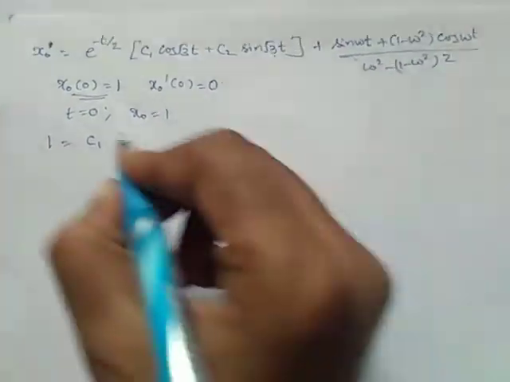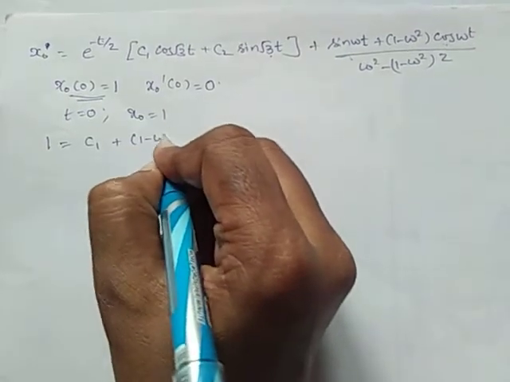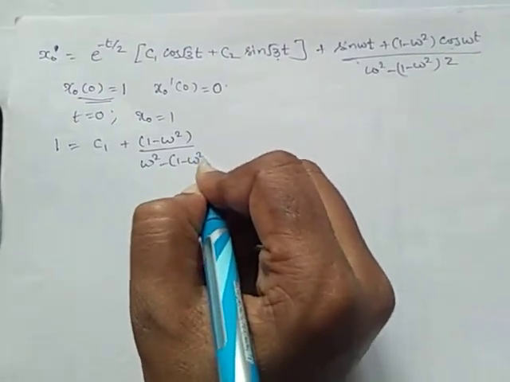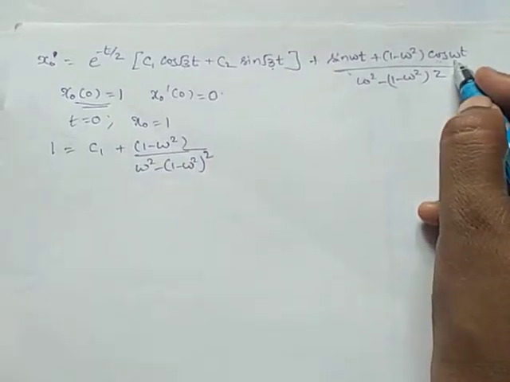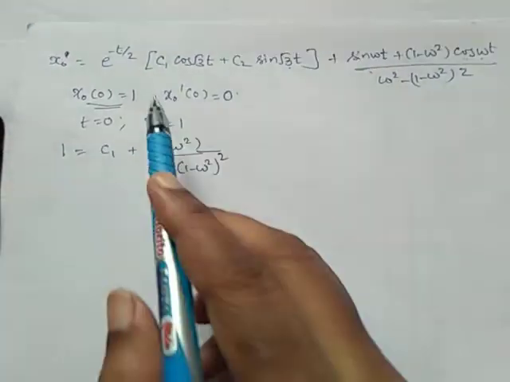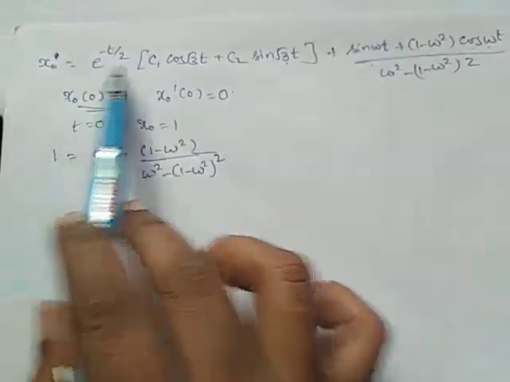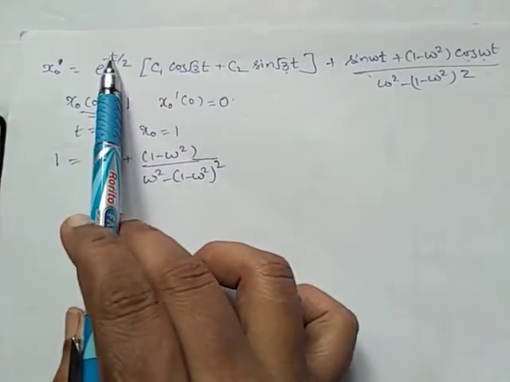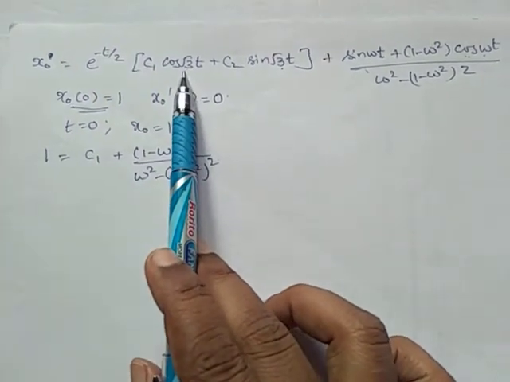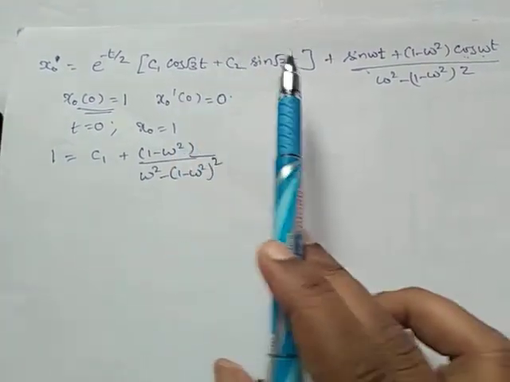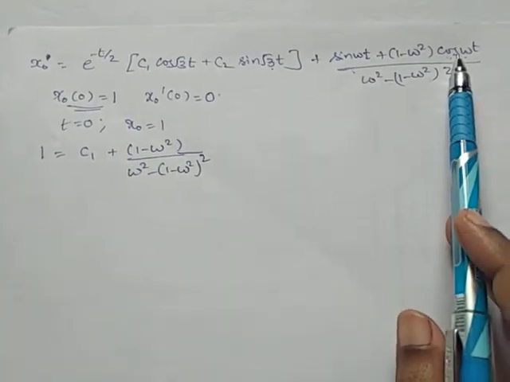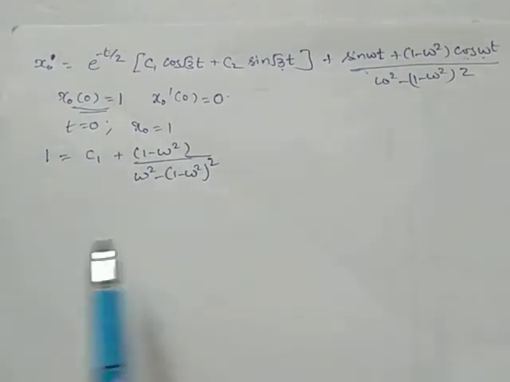We will get the second term as (1 minus omega square) divided by (omega square plus (1 minus omega square) whole square), and cos omega t is 1 again. So in this equation we are substituting t equal to 0, e power 0 is 1, cos 0 is 1, sin 0 is 0. So we'll get this value.